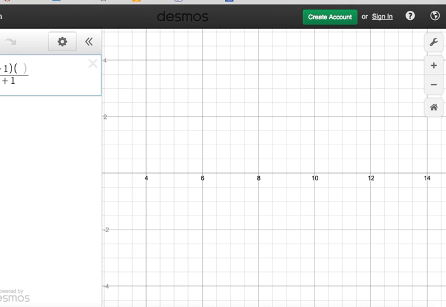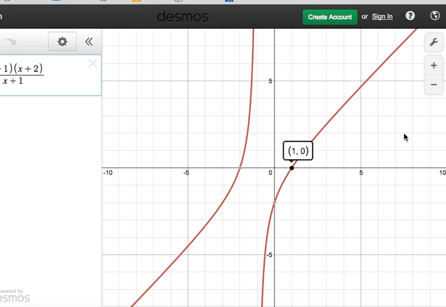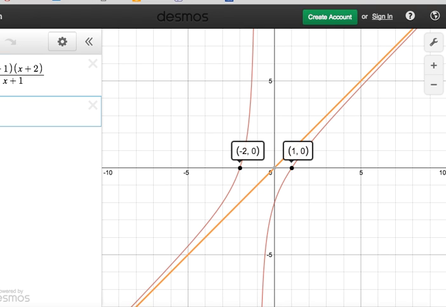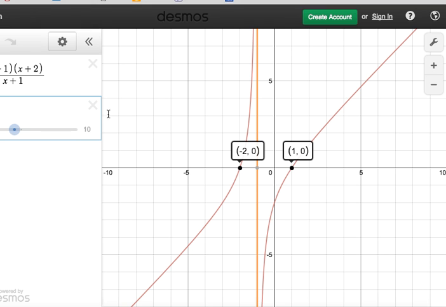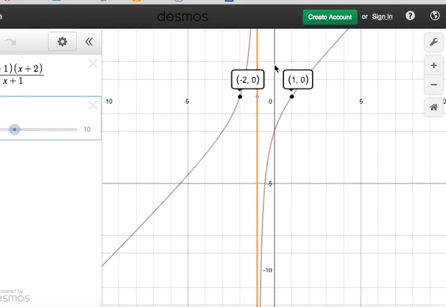And if I put more than one factor here, so x minus 1 and x plus 2, now I have zeros at -2, positive 1, and still I have an asymptote at x equals -1, right?